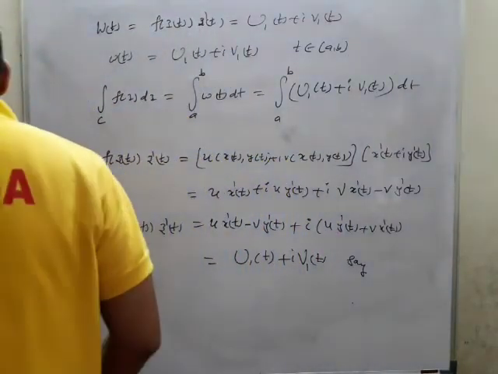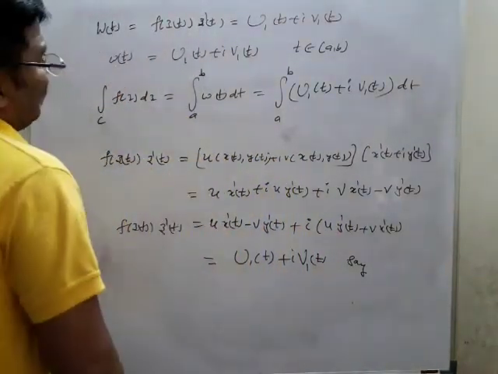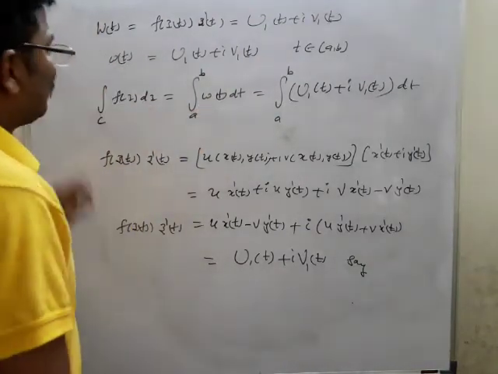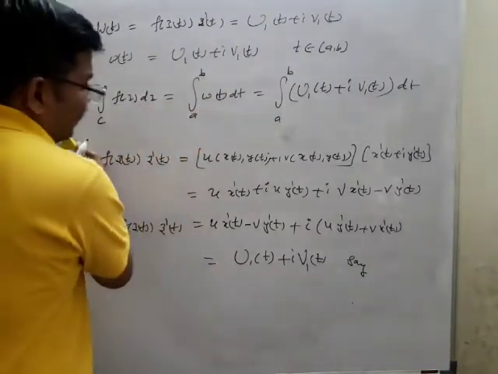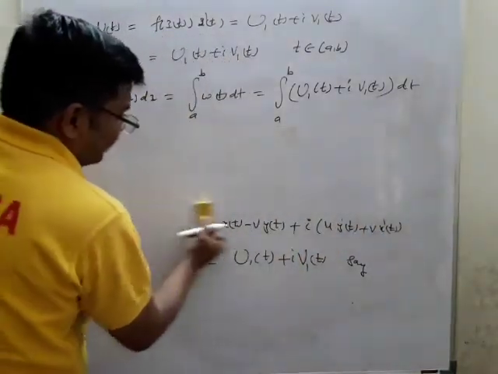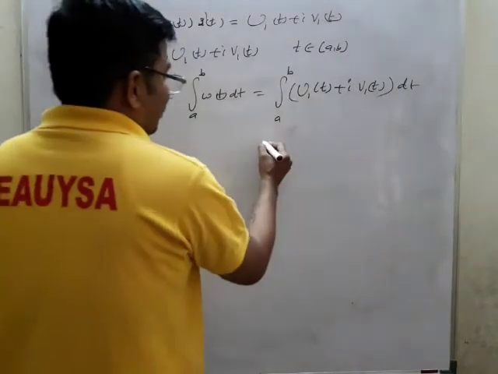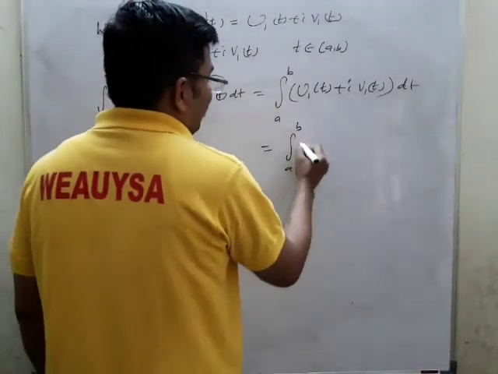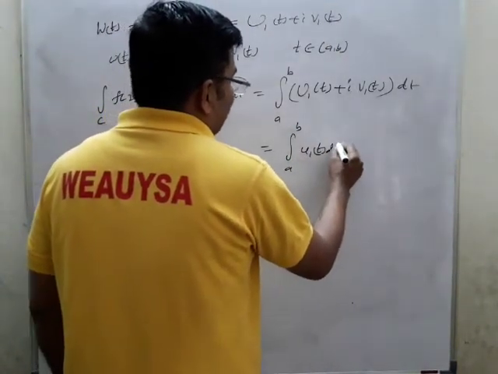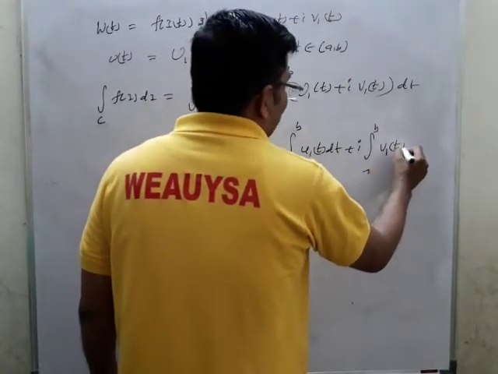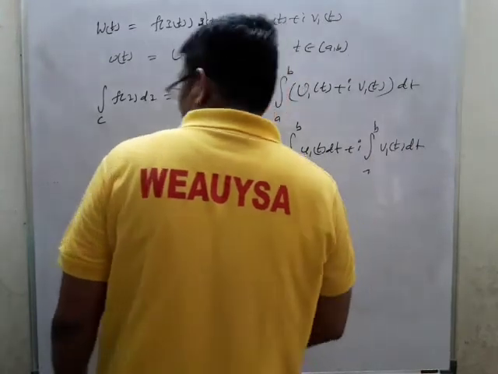This is how we got it. We have taken the integral from a to b of w(t) dt, which is entirely w(t). Now we'll separate this: the integral from a to b of u1(t) dt plus i times the integral from a to b of v1(t) dt. This we got.